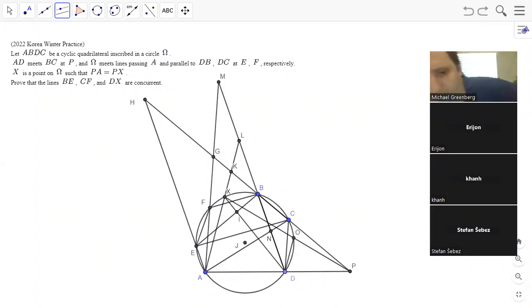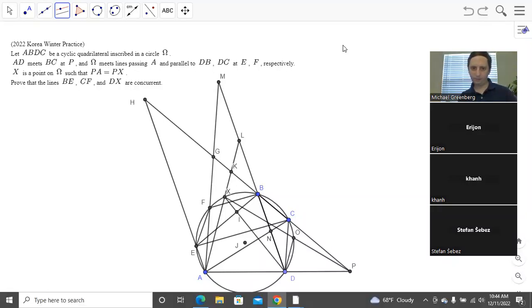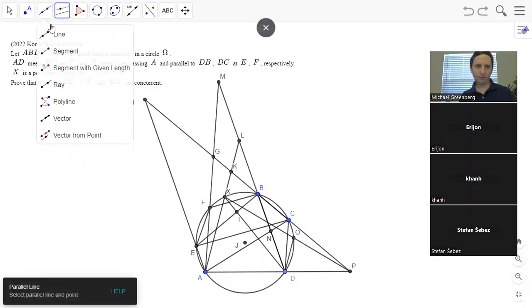All right, I see someone put something in the chat. Can AB intersect CB help? Let's draw that.